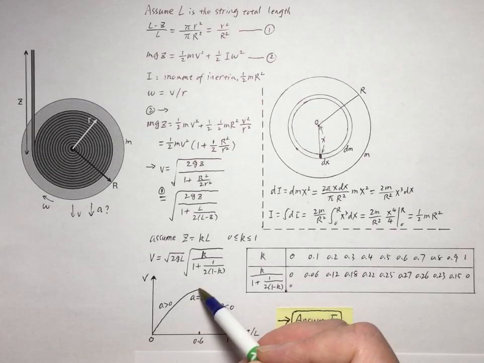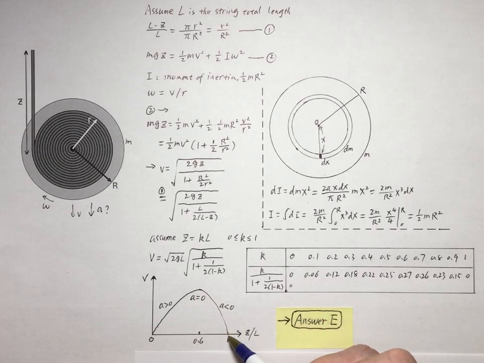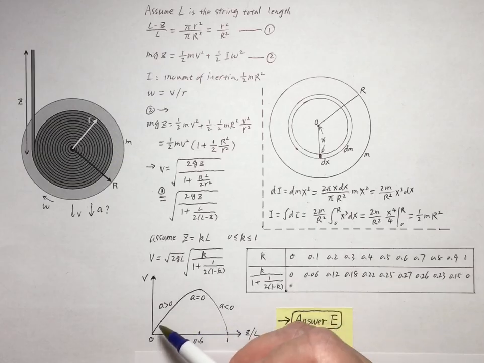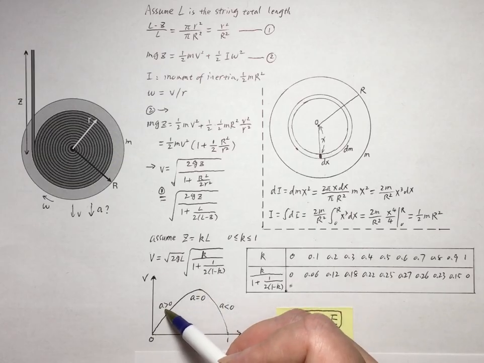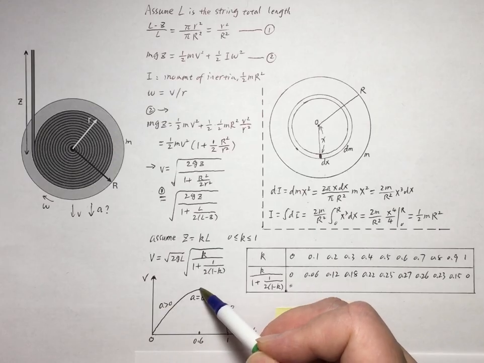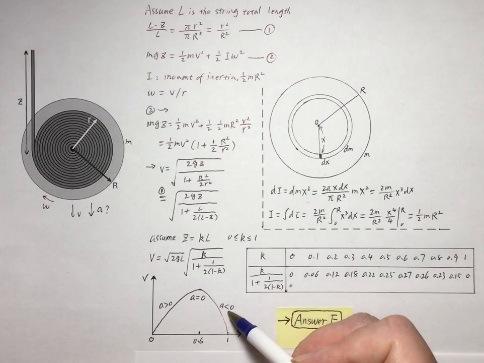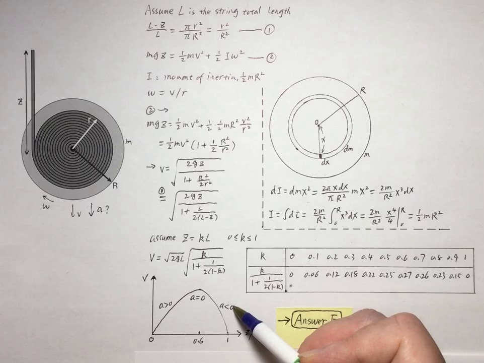Then v begins to go down until, at last, at some moment v is equal to 0. So from here to here, the acceleration is greater than 0. At this moment, acceleration is 0, and then at this moment, acceleration is smaller than 0.